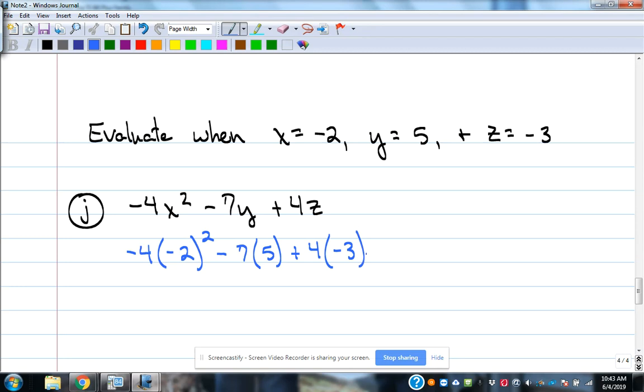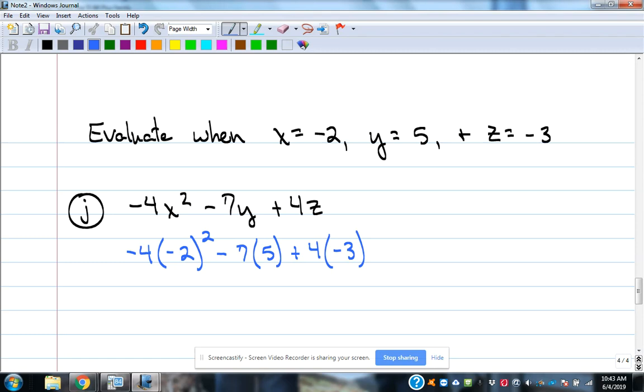If you will have that habit of using those parentheses when you replace the variables, it will save you some headache on a few problems as you go along. Because if you don't put those parentheses and you type it straight into the calculator like it's written, it's not going to work out the right way for you. So be in the habit of doing that with the calculator.